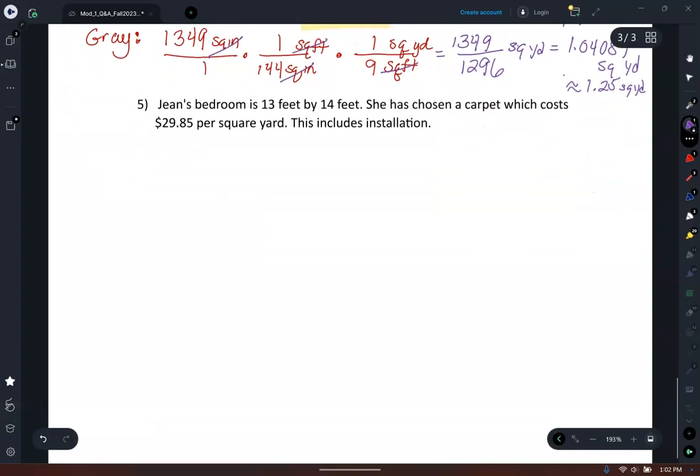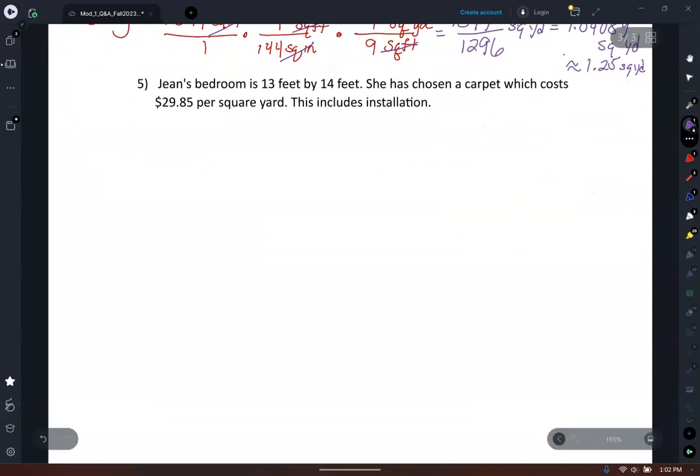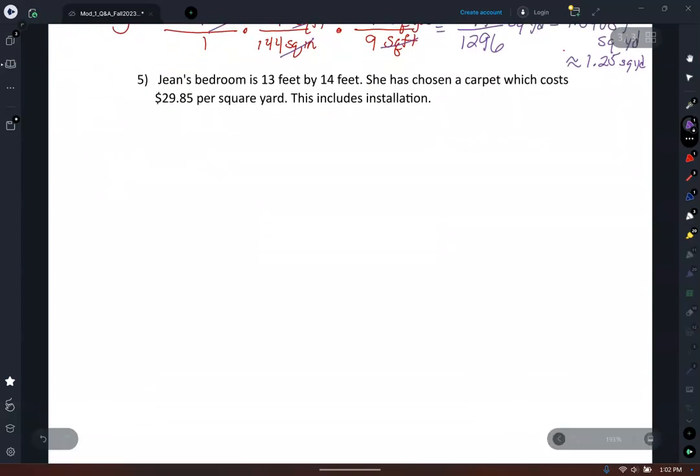Number 5, Jean's bedroom is 13 feet by 14 feet. She has chosen a carpet which costs $29.85 per square yard. This includes installation. Okay, so we have area equals length times width. So the area of that will be 13 times 14.